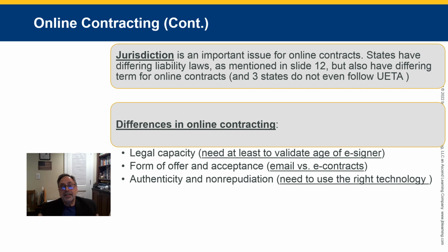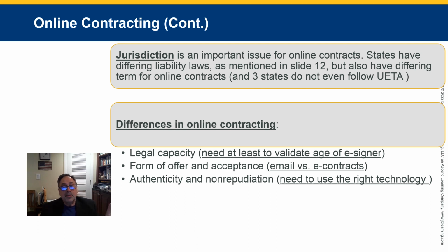But in addition to that, states just have different terms and different understanding of online contracts as well. So depending on the state you're in, depending on the country you're in, not only do you have differing liability laws, which is a problem regardless of what kind of contract it is, paper or electronic, but there's also different understandings in terms regarding electronic contracts. And there are 3 states that don't even follow UETA, as we mentioned in the previous slide.